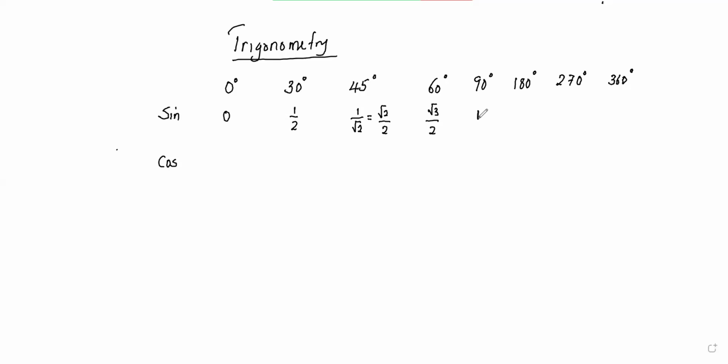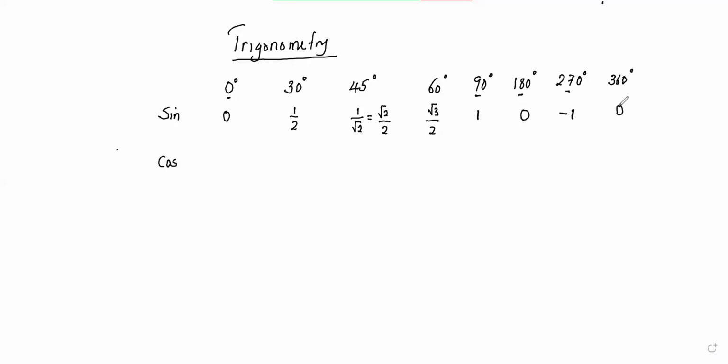Now for 180, 270, and 360, you count them from 0. So at 0 degrees, we get 0. At 90 degrees, we get 1. At 180, we get 0. At 270, we get negative 1. 360 is 0. So these just interchange. It's 0, 1, 0, negative 1, 0, 1.